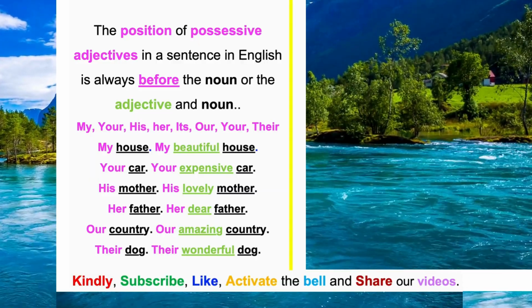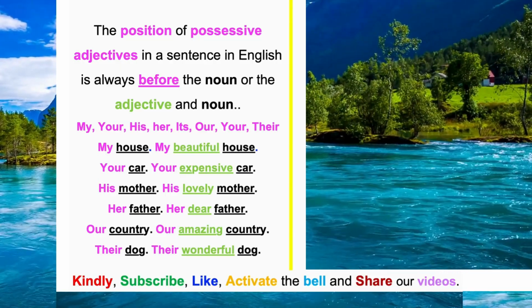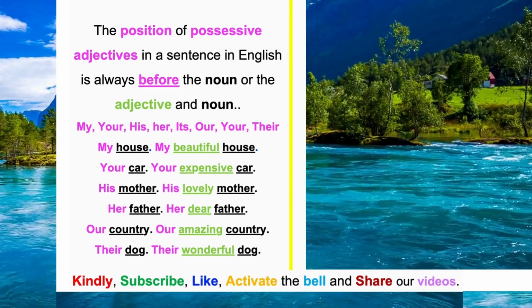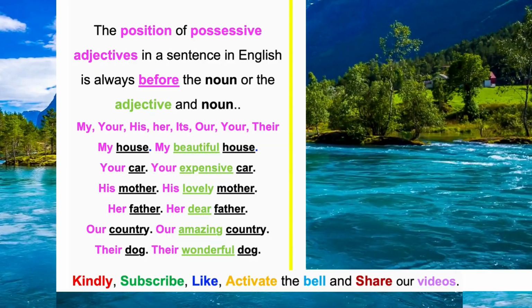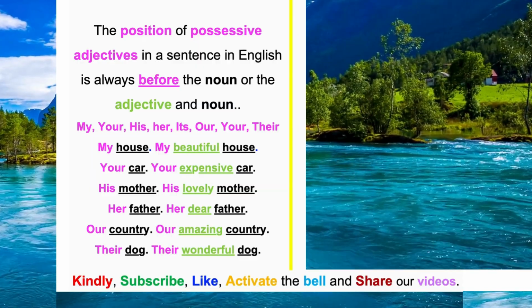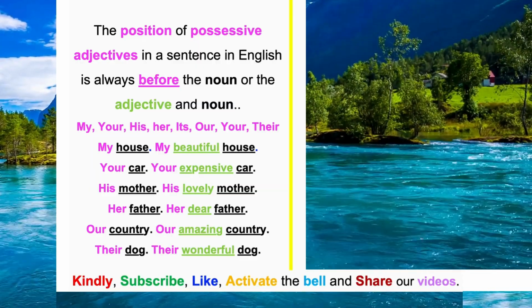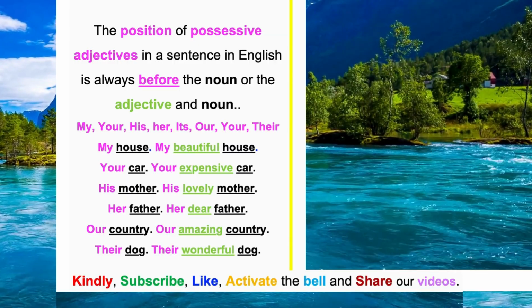Let's see examples. My house. So we have possessive adjective and house is a noun. My house. And we can say my beautiful house. So we have adjective and noun. Your car. Just possessive adjective and car. But we can say your expensive car. So we have adjective and noun.